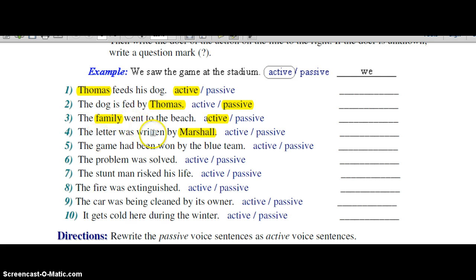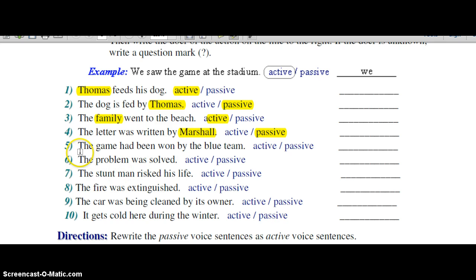Okay, the letter can't write itself. Marshall's doing it, but Marshall is found in the back of the sentence. He's also located in a prepositional phrase that started with by. And then once again, our verb phrase was written, okay? If I were to make this into active voice, because right now it's passive, I would say Marshall wrote the letter, or Marshall writes the letter.